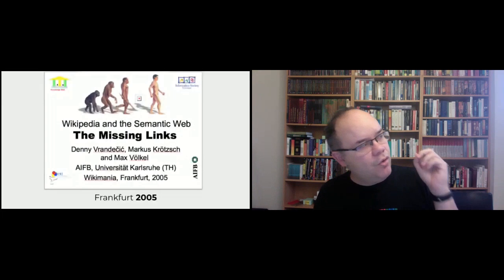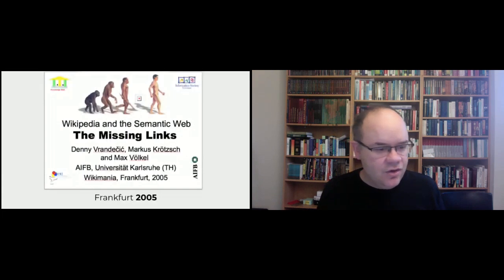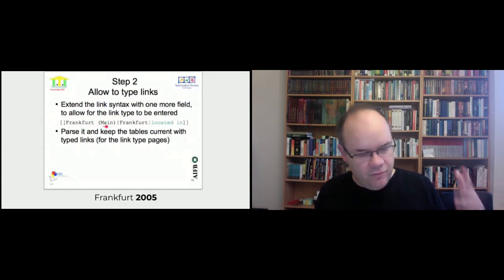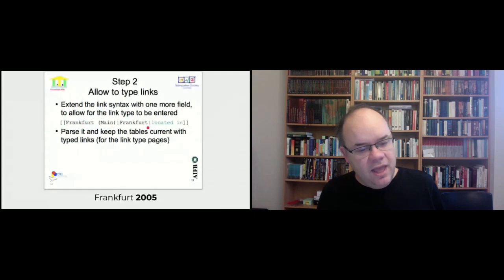And the core idea there, and you'll notice the syntax is completely different than we have it today, was: let's take the existing links in Wikipedia. So this would be a link to Frankfurt in a Wikipedia article, and add an annotation to it, a link type, in this case, located in.